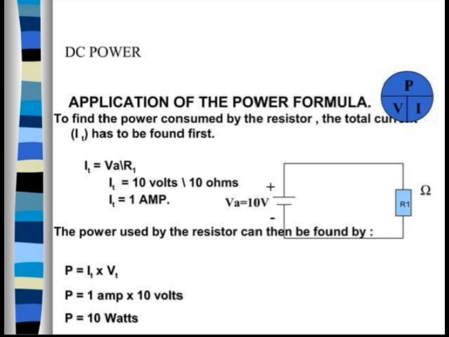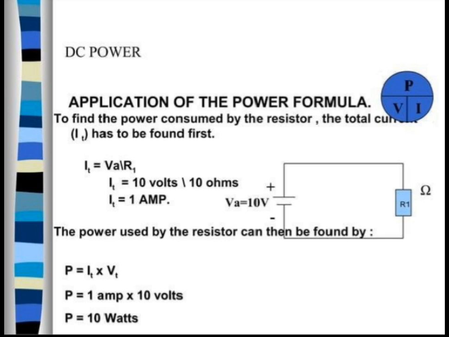To solve for the total current, we take 10 volts over 10 ohms. The ohms here is the resistance, and the 10 volts is the voltage.